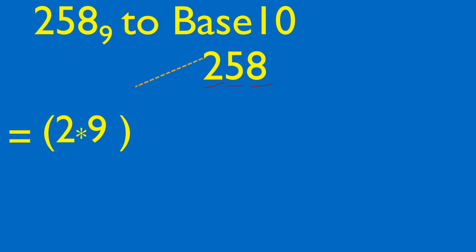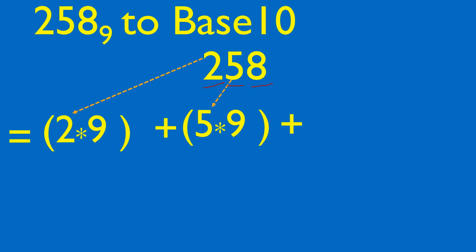And then we will add the next digit we will be multiplying by the base, which is 5. So we'll say 5 times 9. And then we will add. And the next digit we'll be considering is 8. And we'll say 8 times the base, 8 times 9.